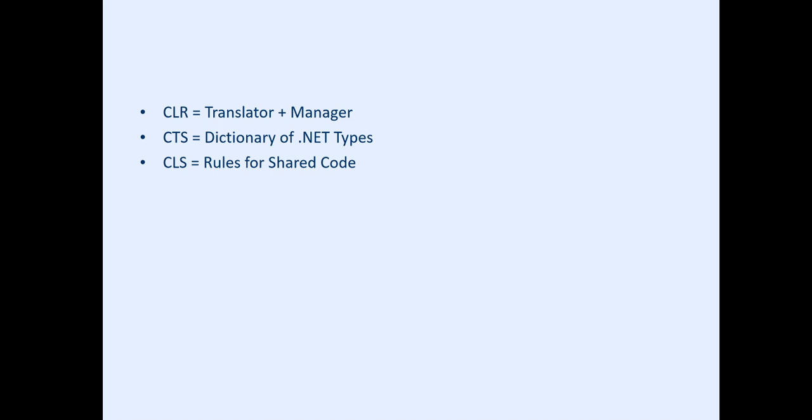We discussed CLR, CTS and CLS. These are three different definitions, and I will explain their purpose in a simple manner. CLR is a translator and manager. CTS is a dictionary for .NET types. CLS is rules for shared code.